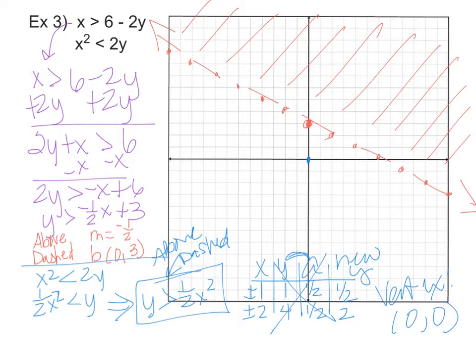Then I'm going to go to the right 1 because the x is over 1, and then up 1/2. I'm going to go back 1 and up 1/2. Then I'm going to go over 2 and up 2, back 2 and up 2. And so now I'm going to make a dashed parabola.